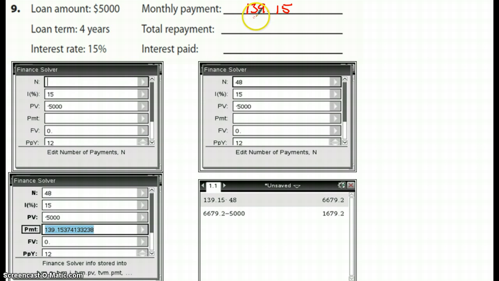Total repayment is, wow, $6,679.20. And how much do they pay in interest? $1,679.20. This tells me, and it should tell you, that the higher the rate and the longer you pay, the lower the monthly payment, but the more you're going to pay in interest.